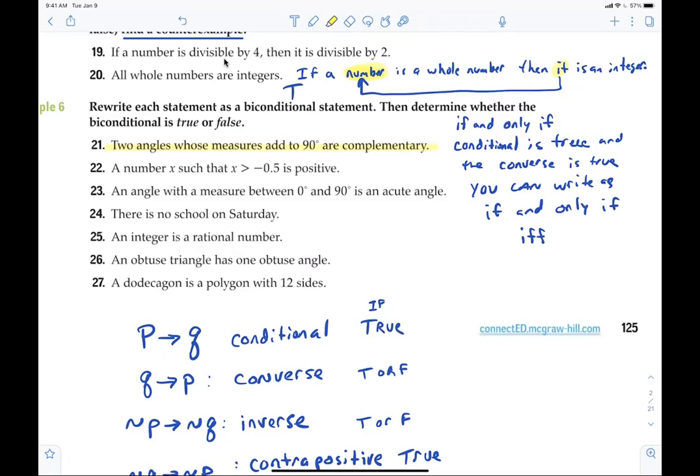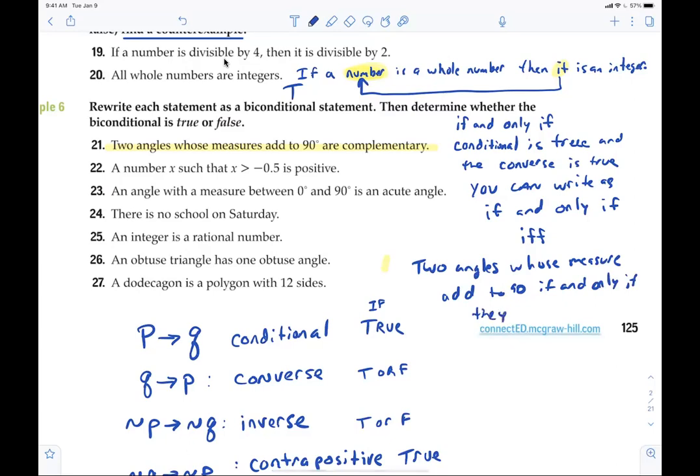All right, so what is that? You would say two angles whose measures add to 90 if and only if they are complementary. Two angles whose measures add to 90 if and only if they are complementary.